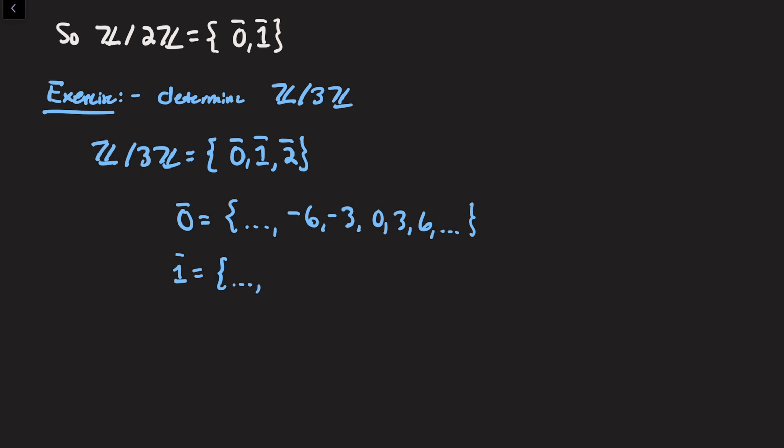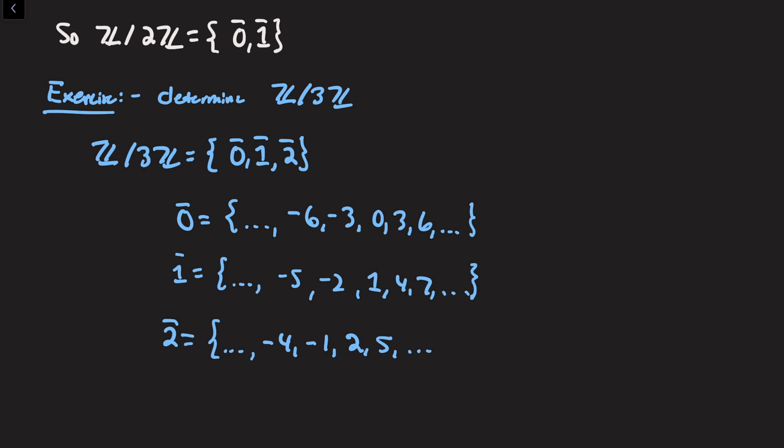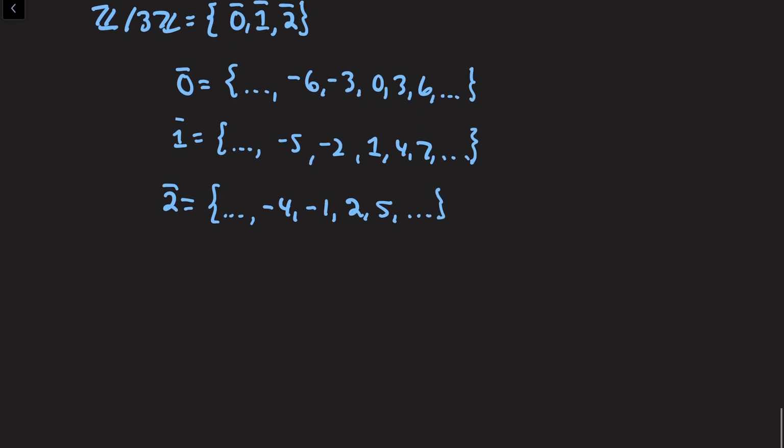Well, we have 1, 4, 7, -2, -5, etc. And then 2, -4, -1, 2, 5, etc. So you see, in each case, we're just counting by 3. And in general, maybe we can make this observation.